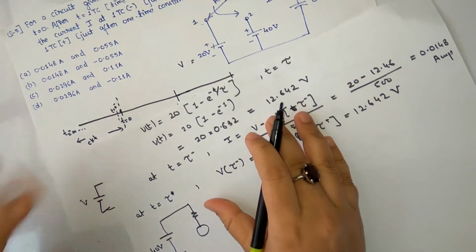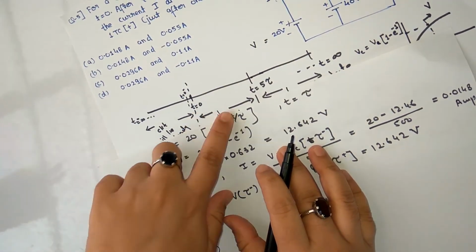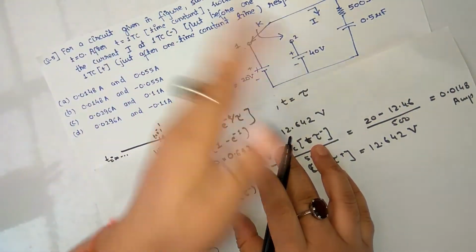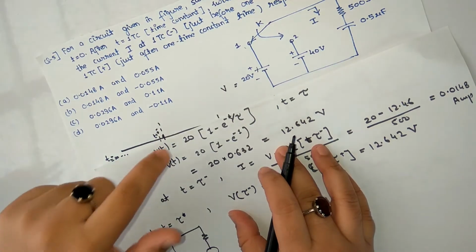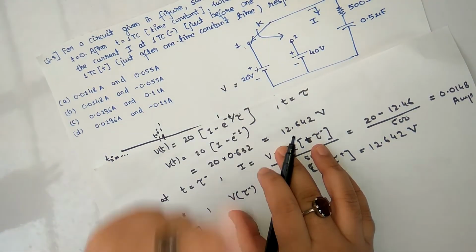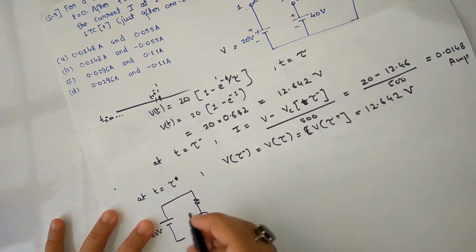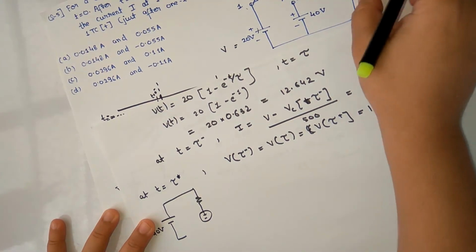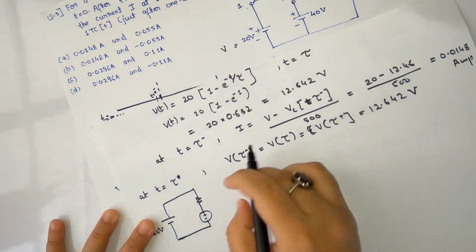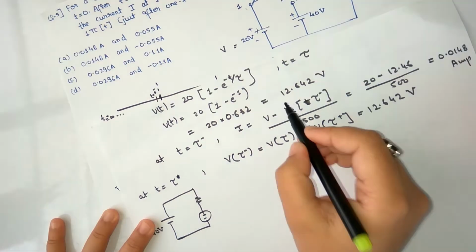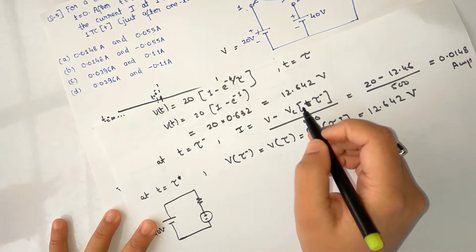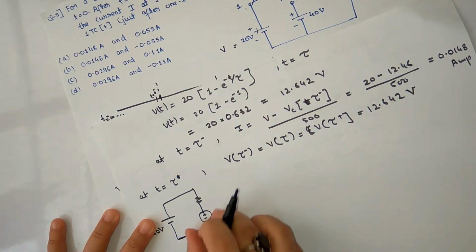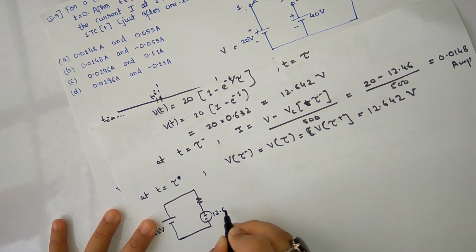The analysis was starting from t equal to 0, but since we are turning the switch to a different position at t equal to t naught, our analysis will start from t naught, not from t equal to 0. We replace the capacitor with a voltage source, because the capacitor is energized and has charged up to 12.642 volts.